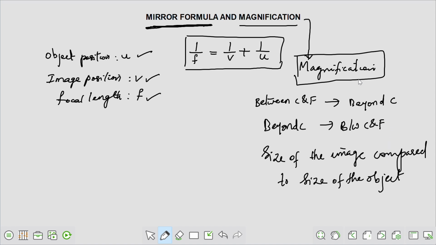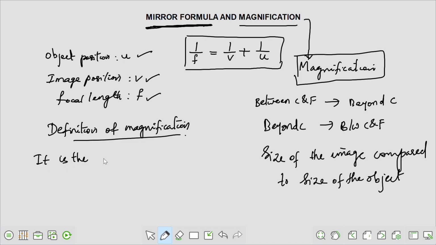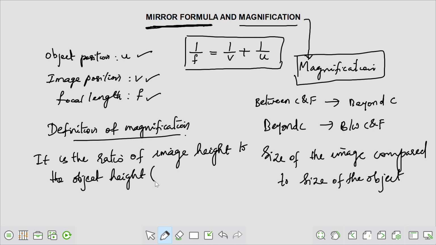And if you are asked for the definition of magnification, it is the ratio of image height to the object height, or you can say size of the image to size of the object.